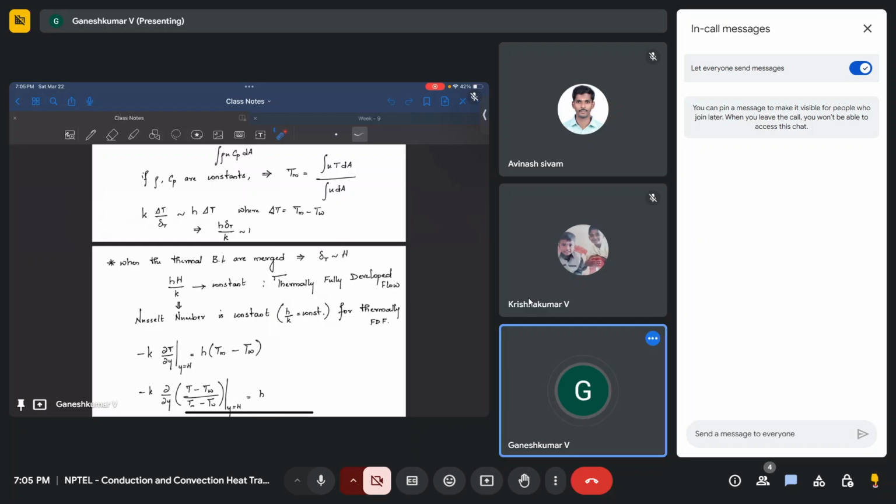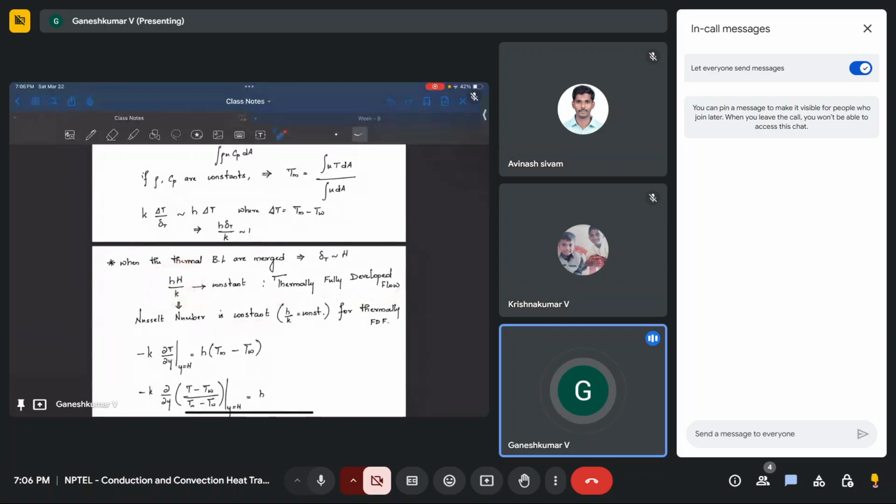Based on this simple heat flux analysis, we can say that h delta T by k goes as 1, which means it remains constant. Here delta T, the thermal boundary layer thickness, is going to be half of the plate separation distance. The plate separation is 2H, so the thermal boundary layer thickness is H. Based on this we can define the Nusselt number, and it remains constant for thermally fully developed flow.